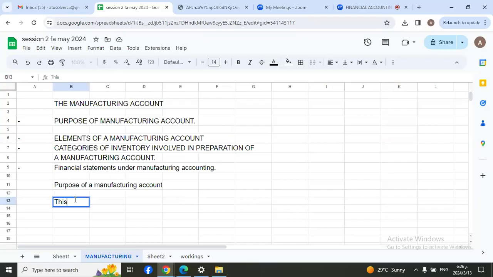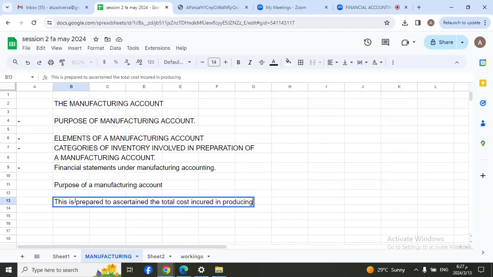This is prepared to ascertain the total cost incurred in producing a given product for the company.